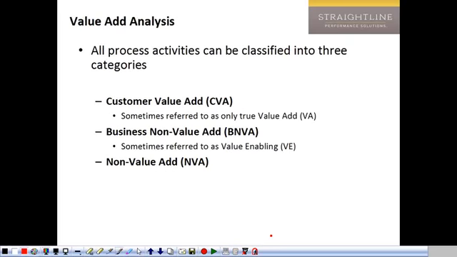I'll go back one slide. Business non-value-add would be things like filling out certain, like in healthcare, it'd be having the customer sign a HIPAA signature, presuming for the moment that the customer does not feel that's an added value, or the time it takes to ask the customer their date of birth.